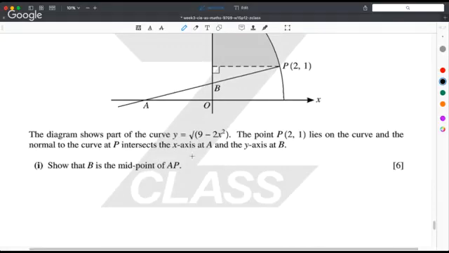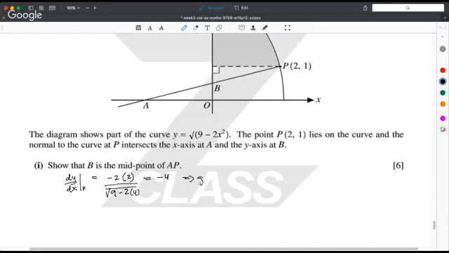So, show that B is the midpoint of AP. Firstly, it's the normal to the curve at P, and so that means its gradient is going to be minus 1 over the gradient of the curve at P. So dy/dx evaluated at P is minus 2 times 2 over the square root of 9 minus 2 times 4, which is equal to minus 4.